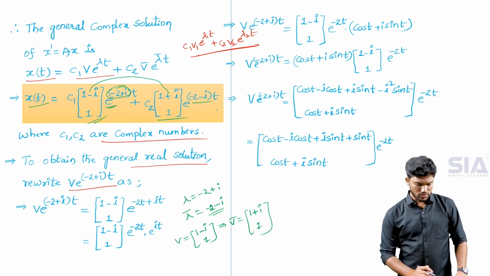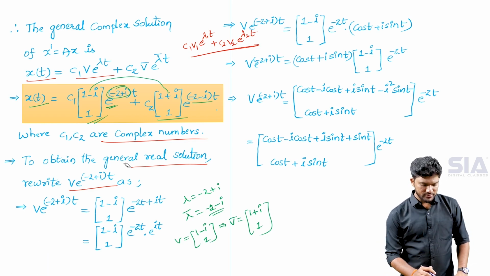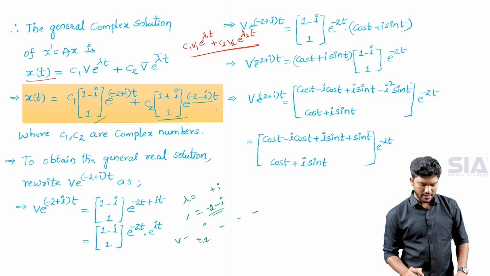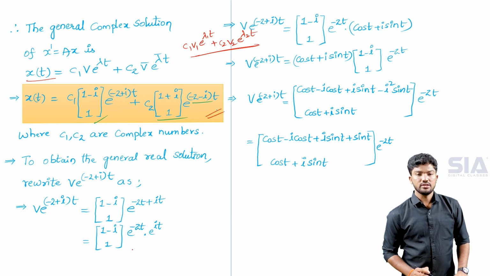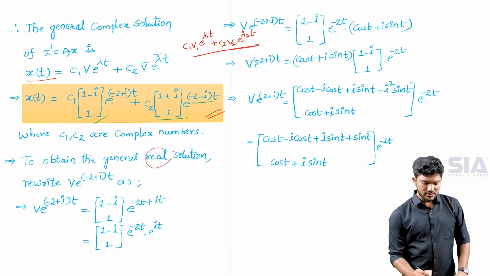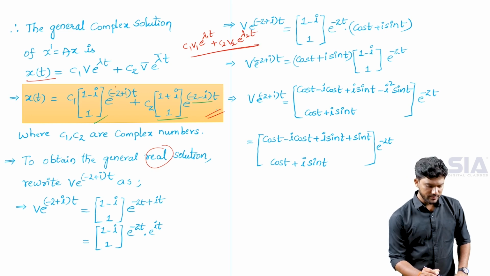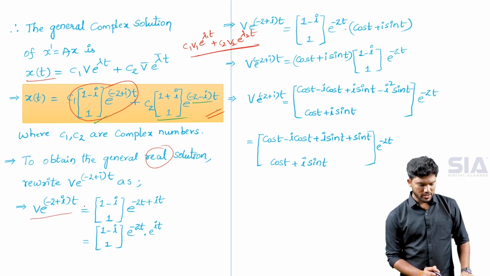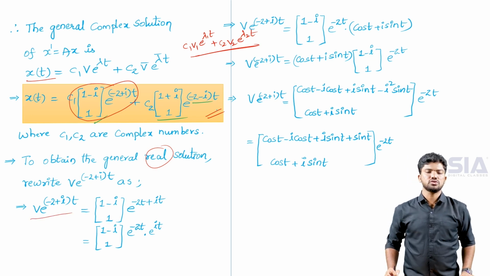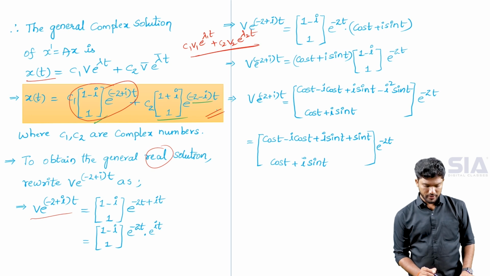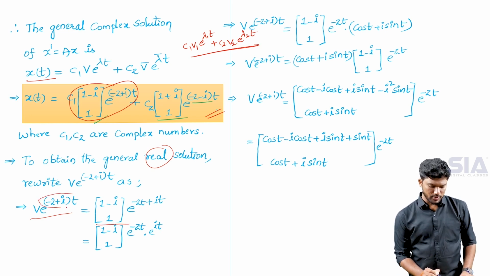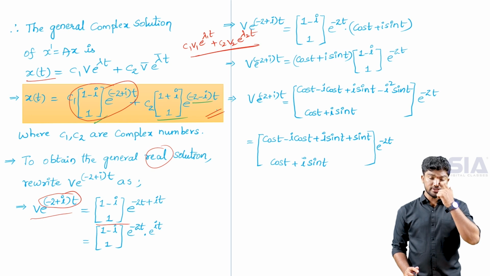So for the real solution, in this general solution, you can observe clearly, to obtain the real solution, for this vector we have to rewrite. So capital V into e power minus 2 plus i into t is equal to capital V as it is, and the exponential power we are separating.